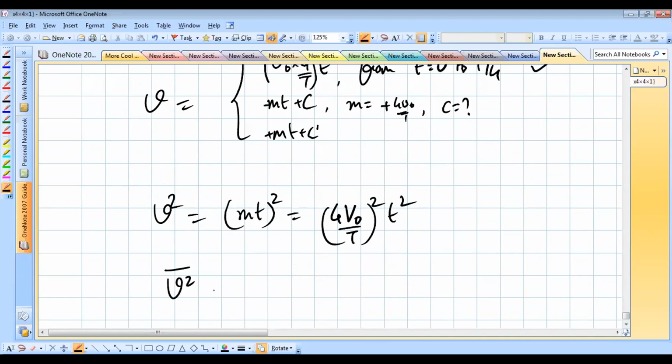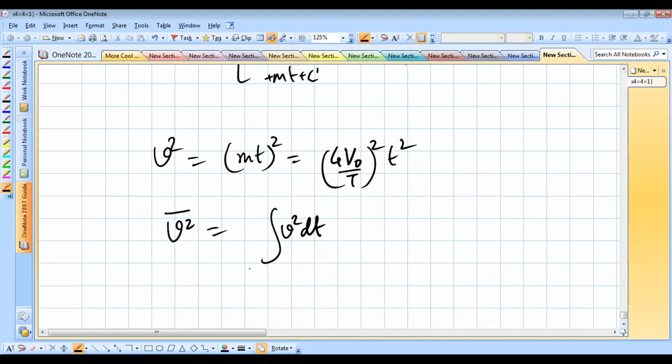So v square's average value will be integration of v square divided by the time interval. If I'm calculating from t1 to t2, it's t2 minus t1. So next we want to find out v square's average from 0 to t by 4.